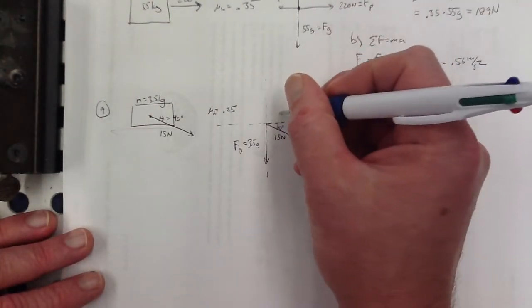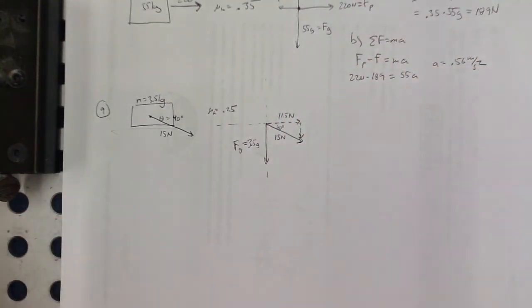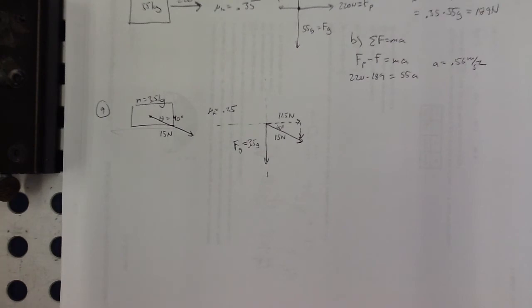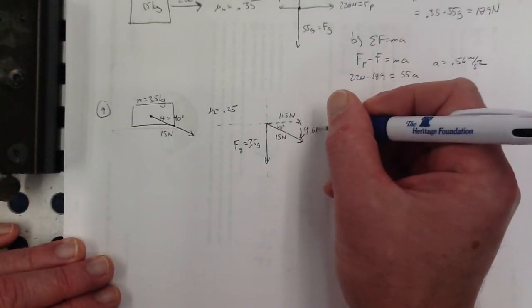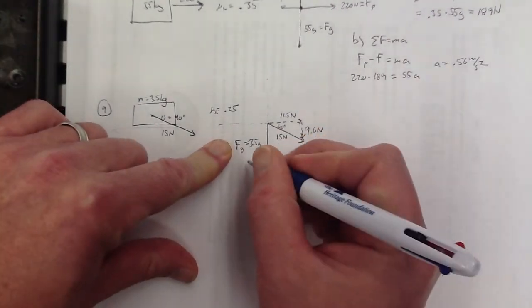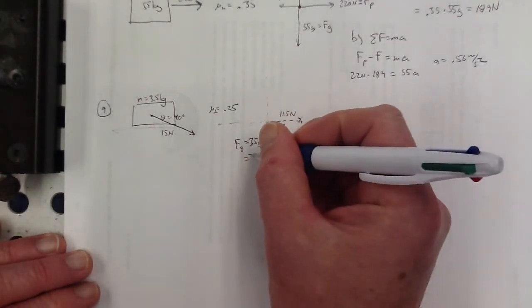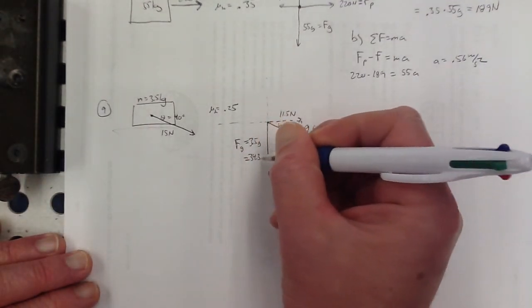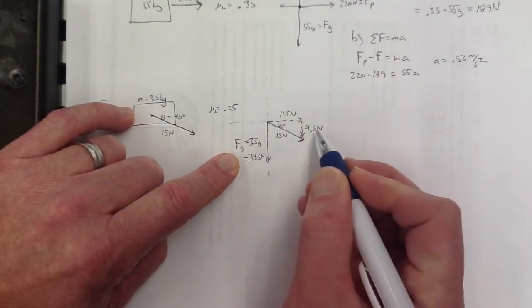And this would be 15 sine 40. So the normal force here is going to have to balance both of these.